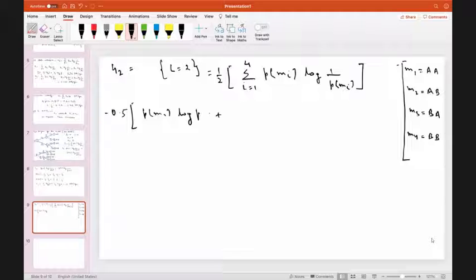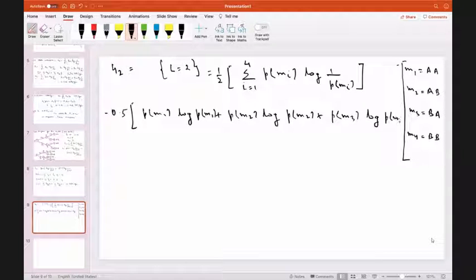So I'll write it as log of P(M1) plus P(M2) log of P(M2) plus P(M3) log of P(M3) plus P(M4) log of P(M4).